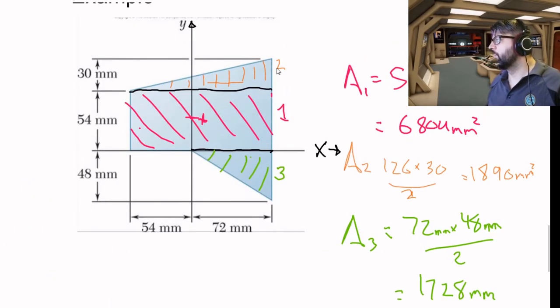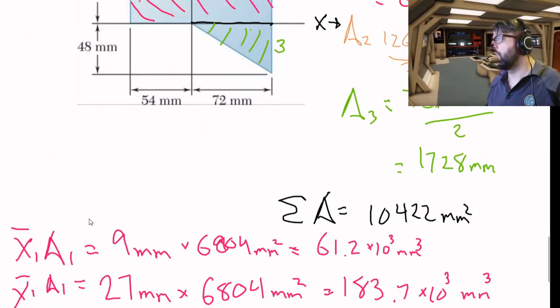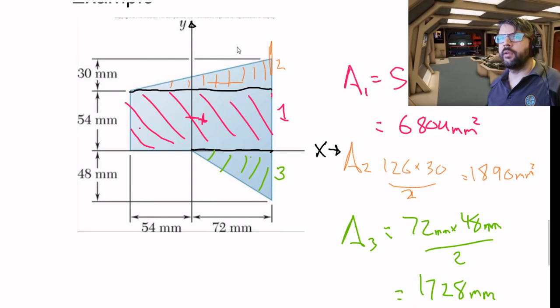Alright, so something similar for our 2 section here. We got our x bar 2 A2. That's going to be equal to, what do we got here? So basically we know that the x bar is going to be located either 1/3 of the way from this end, or 2/3 of the way from this end.